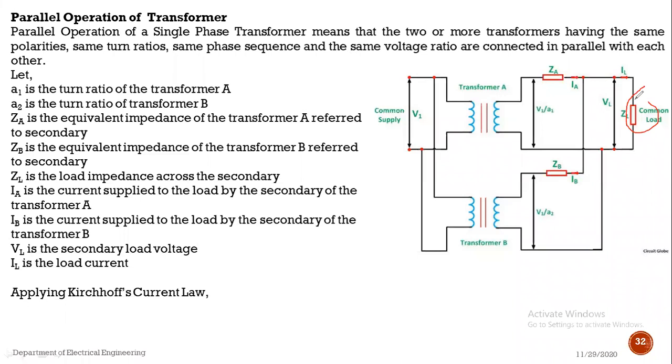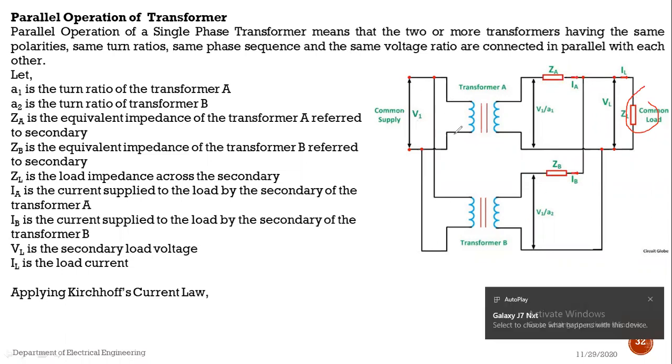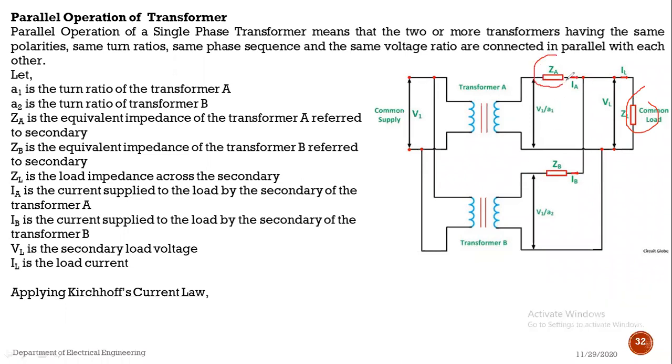At that situation, the supply voltage provided to the two transformers is nothing but V1. Transformer A has impedance referred to the secondary ZA, transformer B has impedance referred to the secondary ZB. Then these two transformers' secondary sides are connected to a common load.